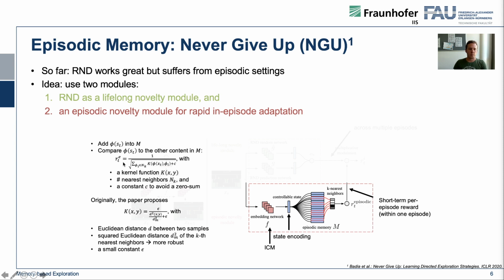The intrinsic reward at this point is just 1 over the square root, where k is some kernel function. I think they used the Euclidean distance in this case. And the number of nearest neighbors nk, so we run a k nearest neighbor on that. We just use something like the top 10% of nearest neighbors in the memory.